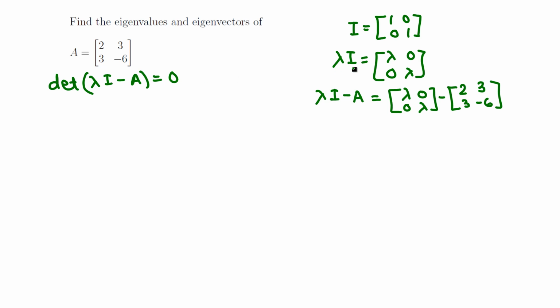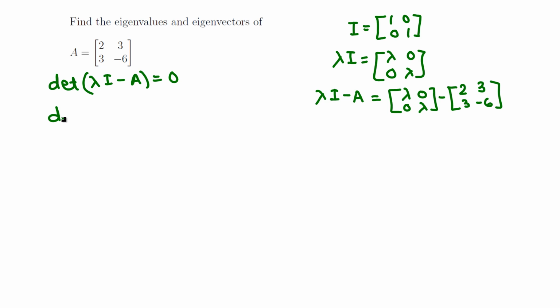Then lambda I means we just multiply I by lambda, and that is now just lambda 0 0 lambda. And for lambda I minus A, we subtract the matrix A from lambda I. So lambda 0 0 lambda minus 2 3 3 minus 6, and we want to find the determinant of this subtraction.